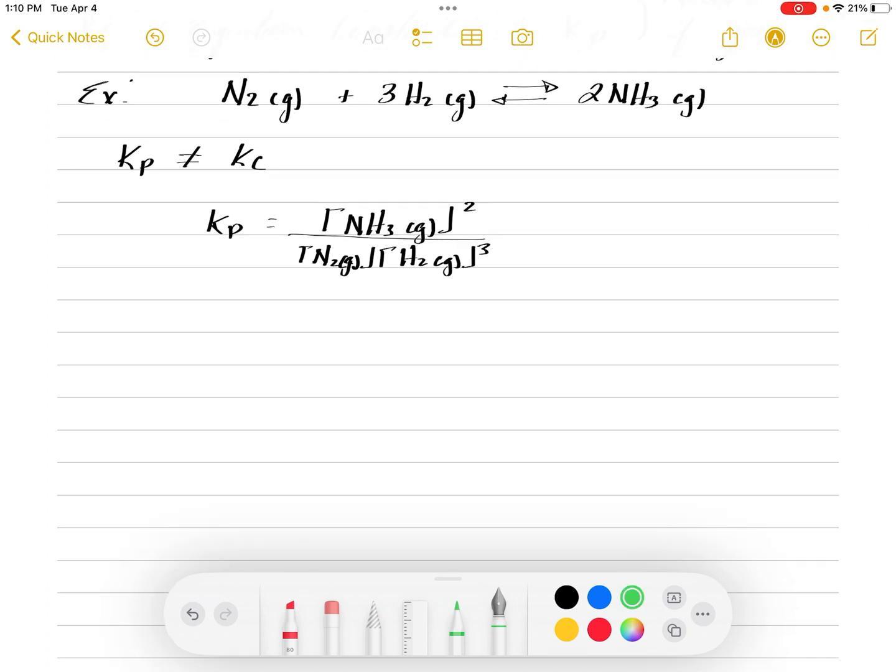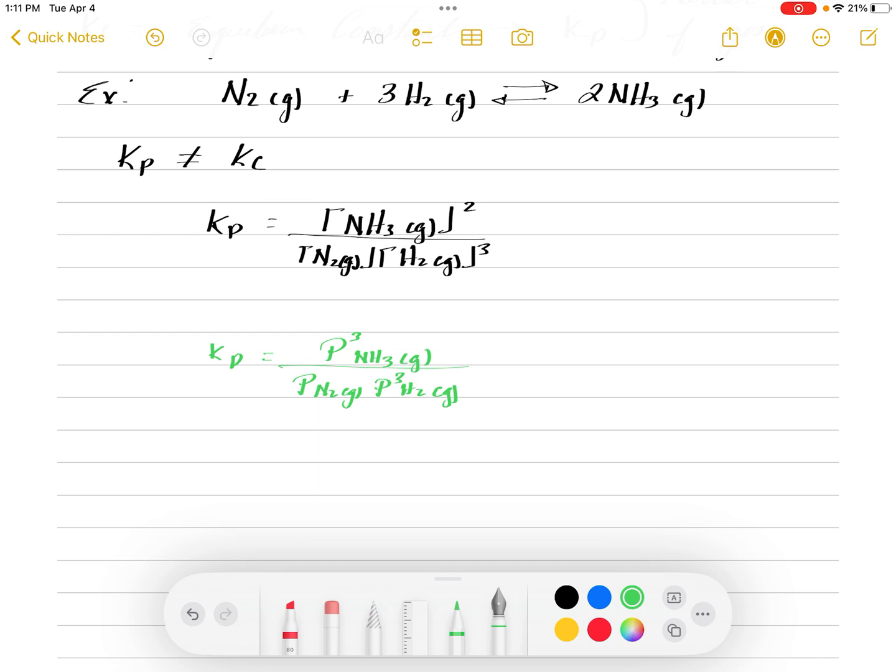The other way to write the Kp for this is to write it in terms of the partial pressures. So this one says that the partial pressure of ammonia gas divided by the partial pressure of nitrogen gas times the partial pressure cubed of hydrogen gas, okay, is equal to the Kp.